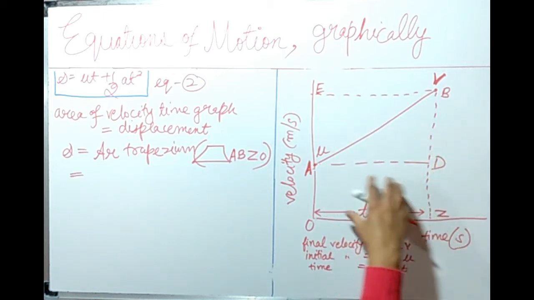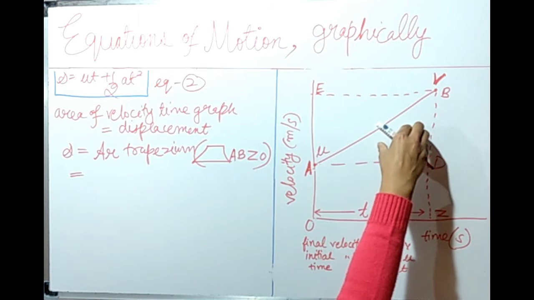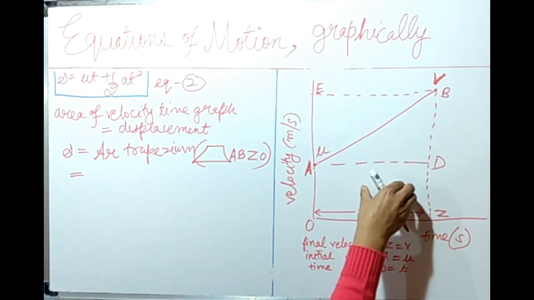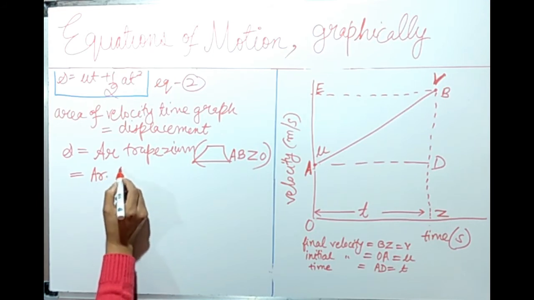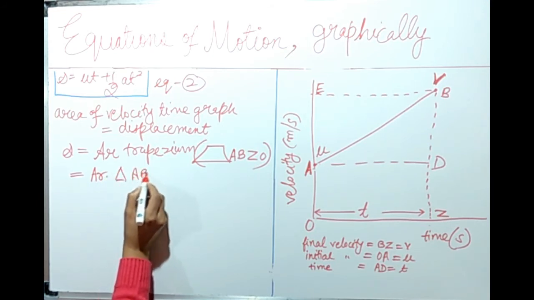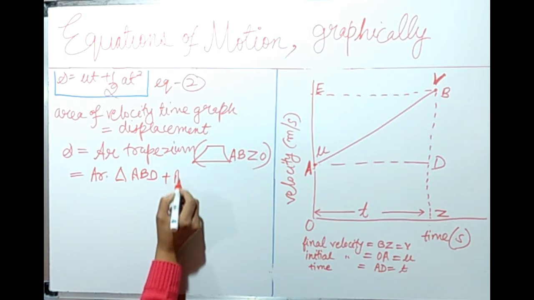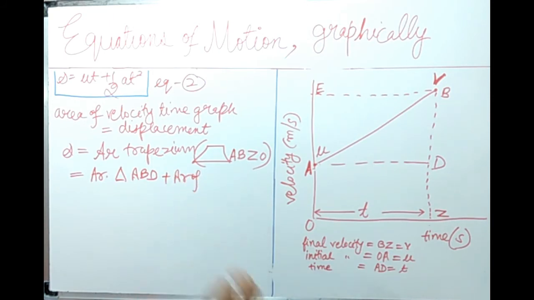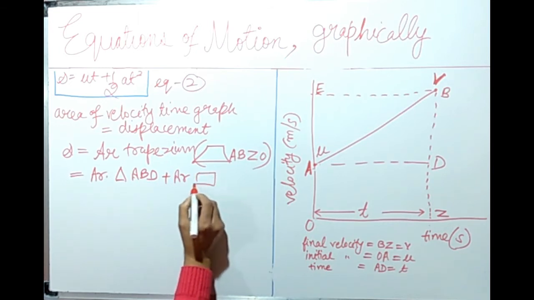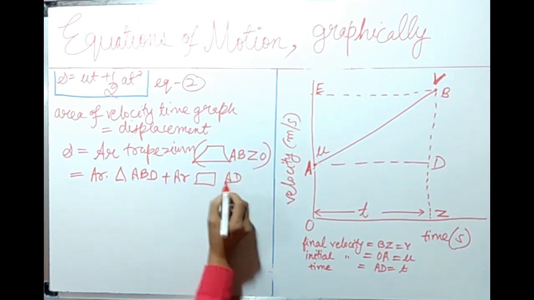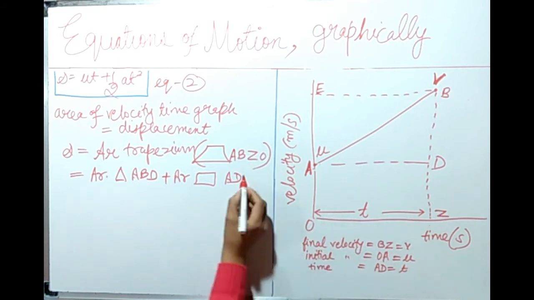Area of this trapezium is equal to area of this triangle ABD plus area of rectangle ADZO.